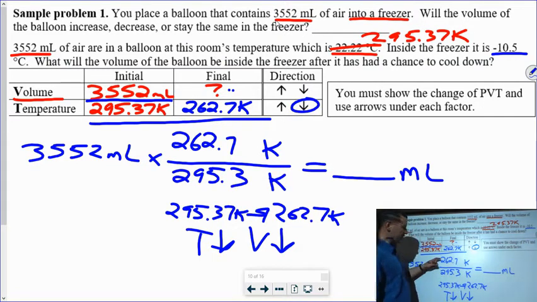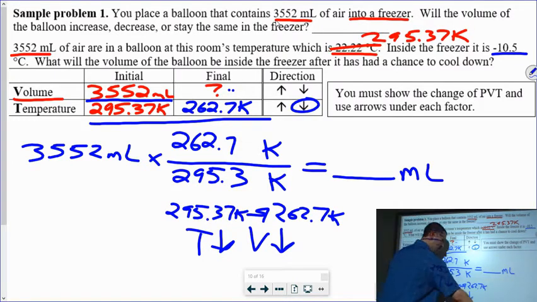So if we look at this 262.7 divided by 295.3, that's going to give us a number less than 1. And when you take a number less than 1 multiplied by this, you should get a smaller number. If I flip the two and I put the 295 on top and divide it by 262, that's going to give me a number bigger than 1, and therefore I should get an answer that's bigger than what I started with.